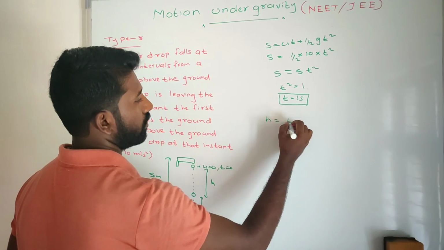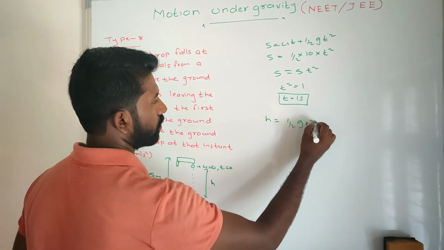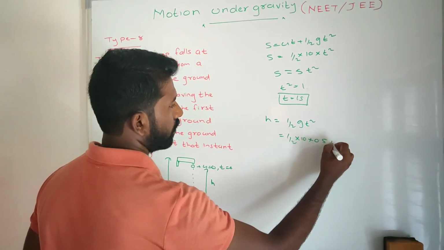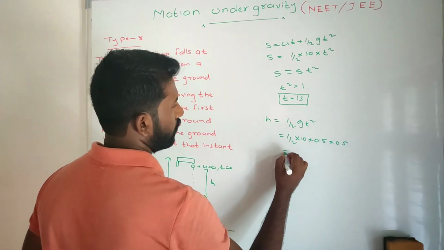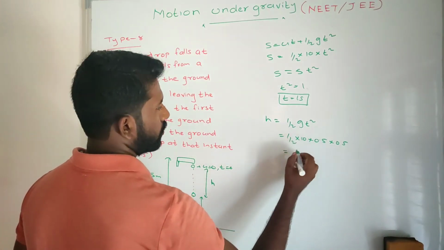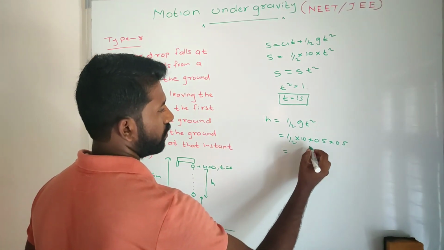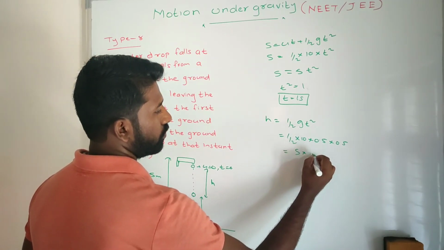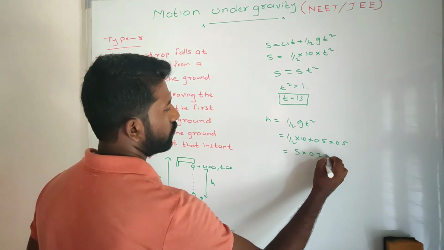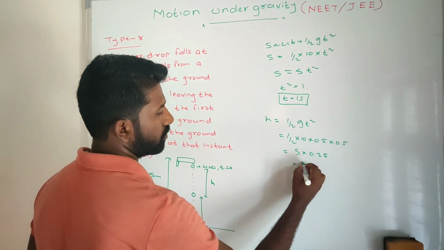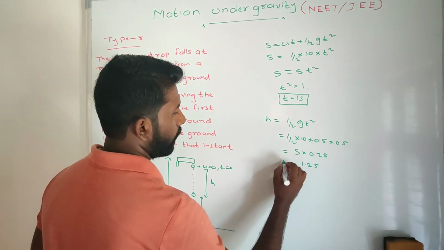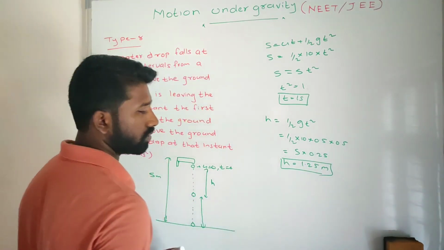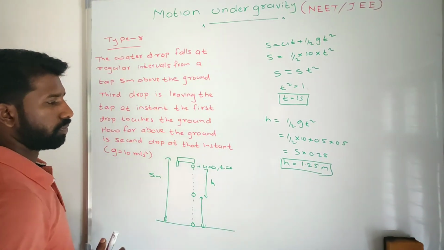That is half into 10 into 0.5 into 0.5. So here 5 into 0.25, that is 1.25. So h is equal to 1.25. So the distance covered by the second drop is 1.25.